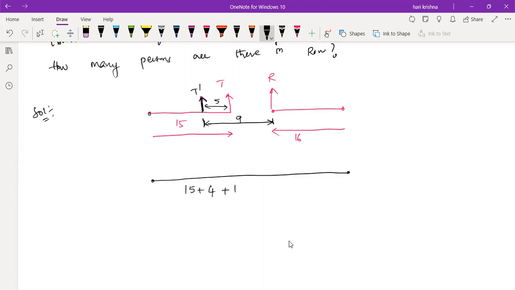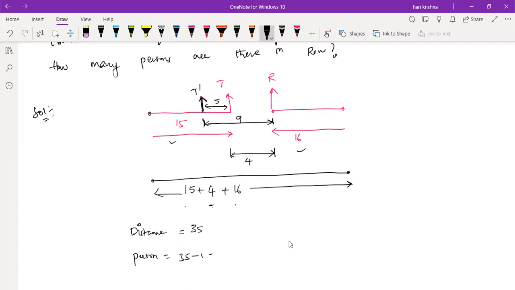Plus 16. This is the total distance. 15 plus 4 plus 16, total 35 is the distance. To convert to persons, 35 minus 1, that is 34.